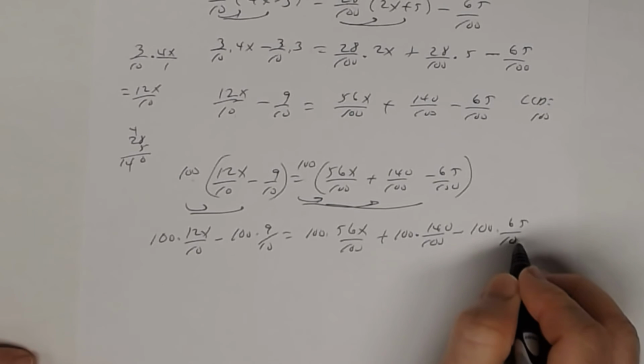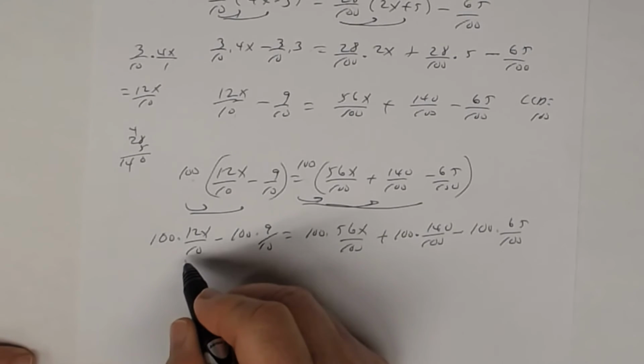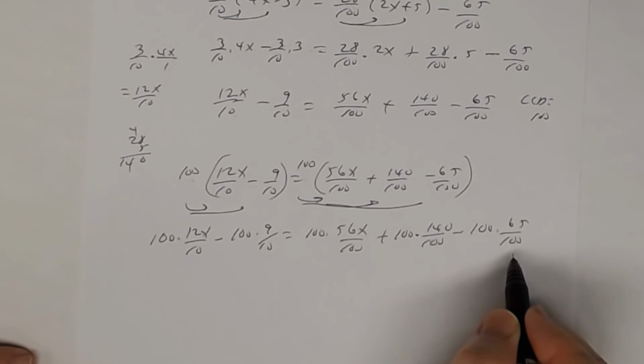All right, now remember, the whole point of multiplying each of those by 100, the LCD, is to get those denominators to be factors of 1.